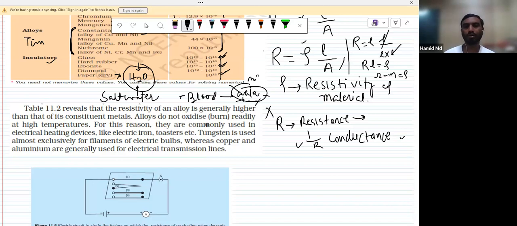Alloys do not oxidize or burn readily at high temperature. For this reason, they are commonly used in electric heating devices like electric iron, toaster, etc. Tungsten is used almost exclusively for filaments of electric bulbs. So this is the use of one of the alloys, that is tungsten. The electric bulbs are made up of tungsten.